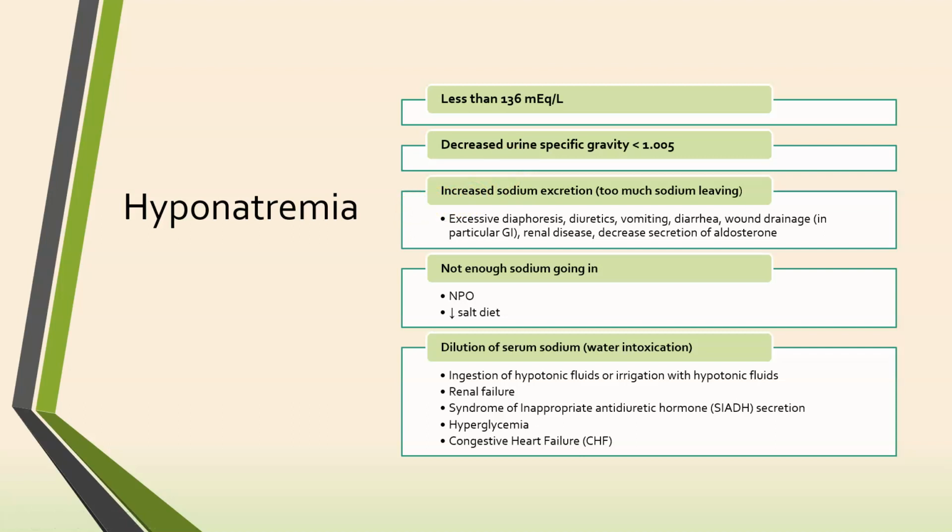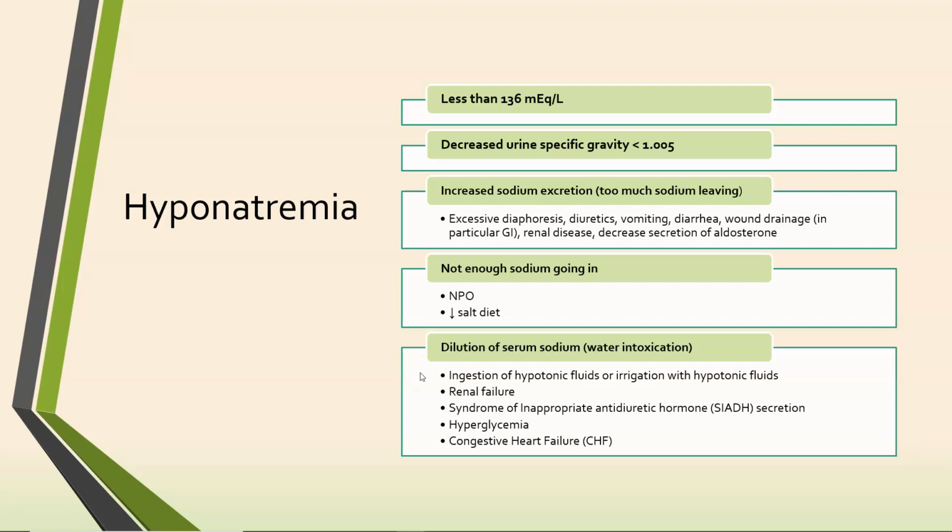This can happen through excessive diaphoresis, use of diuretics, vomiting, diarrhea, wound drainage, in particular with the GI, renal disease, and a decreased secretion of aldosterone. It can also happen because a person is not taking in enough sodium, so if a patient has been NPO, or if they're on a low salt diet.